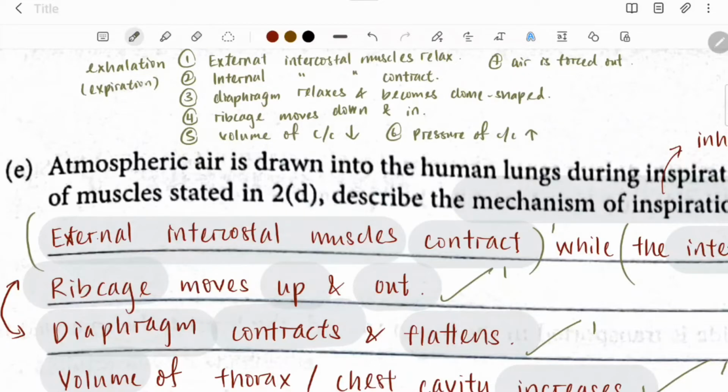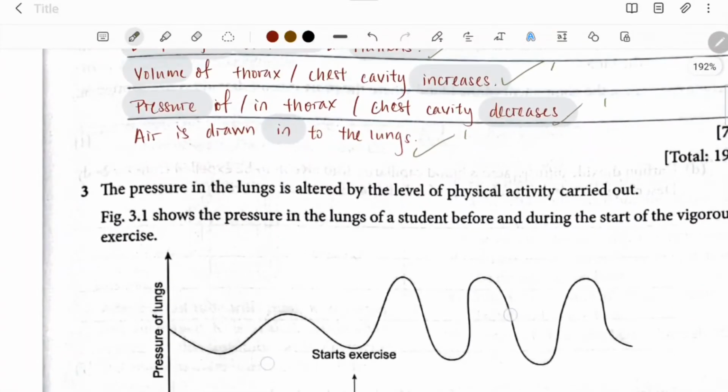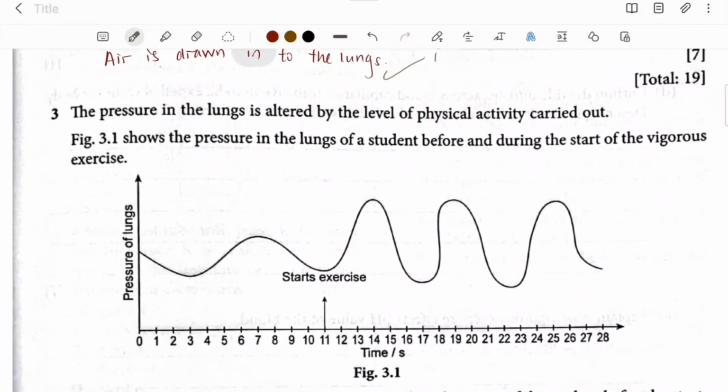Okay, so that's all for number 2. Let's look at number 3. The pressure in the lungs is altered by the level of physical activities carried out. So this one they already show in the graph. The time of exercise is the x-axis, pressure of lungs is the y-axis. Figure 3.1 shows, okay, this one is before and during the start of the vigorous exercise.